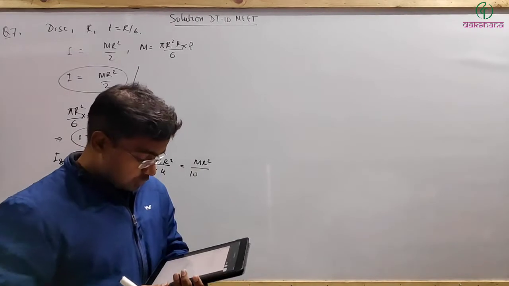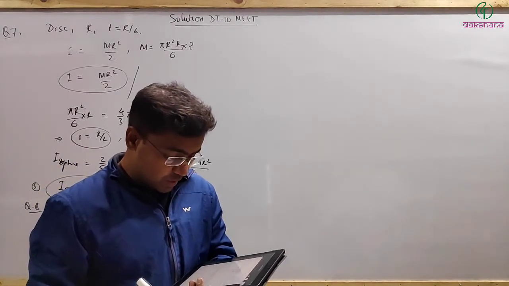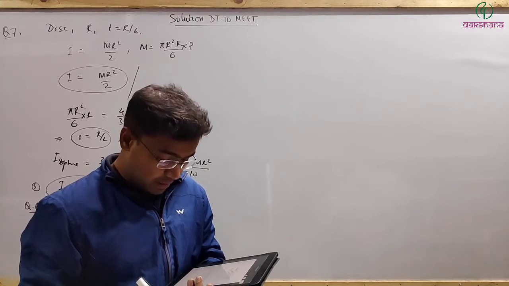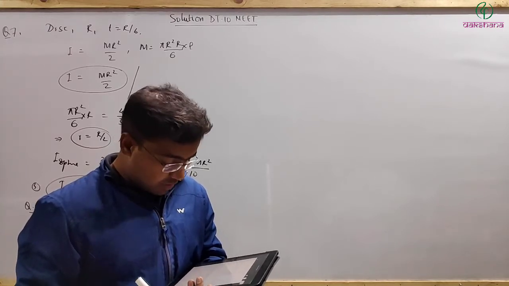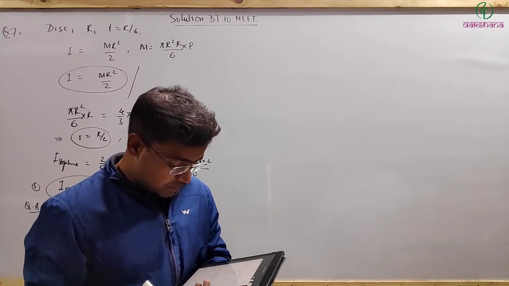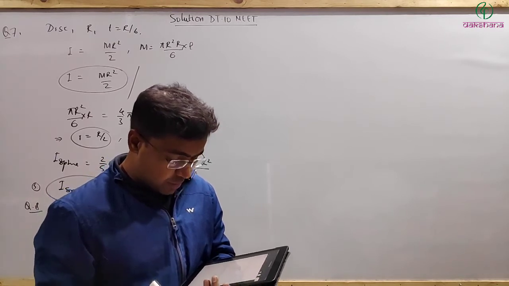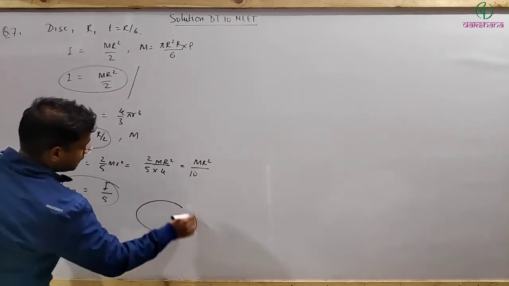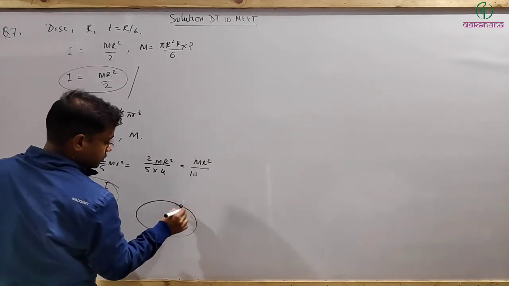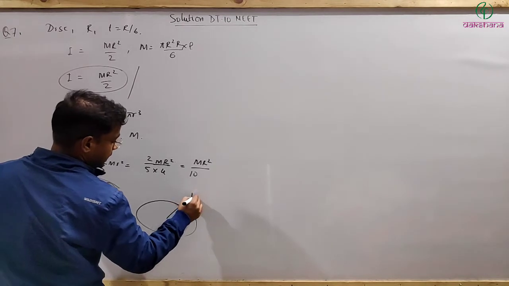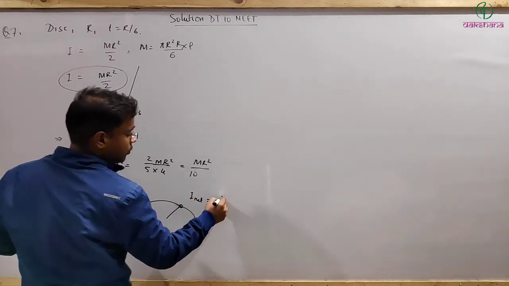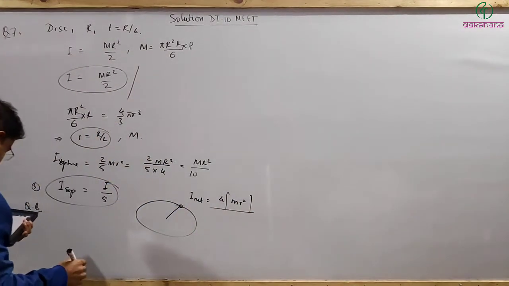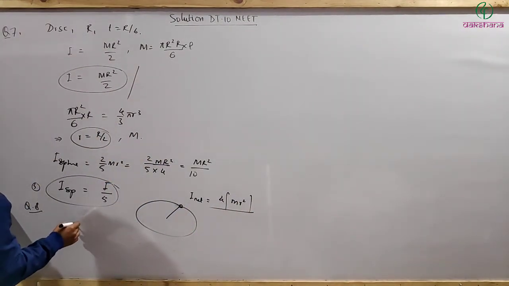4 particles each of mass 2 kg are attached to the rim of a circular disc of radius 0.1 meter and negligible mass. Moment of inertia of the system about the axis passing through the center of the disc and perpendicular to its plane. तो ये हो जाता है सीधा सीधा मोमेंट ऑफ इनर्शिया, बट डिस्क का मास कुछ भी नहीं है, 0 है, तो यहाँ पे 4 पार्टिकल है, so I net will be equal to 4 multiplied by mass into r square.